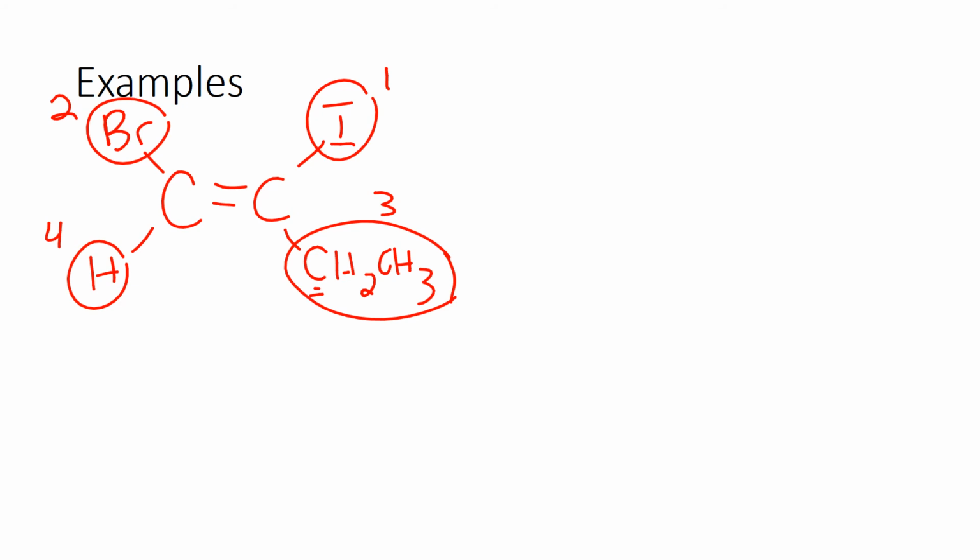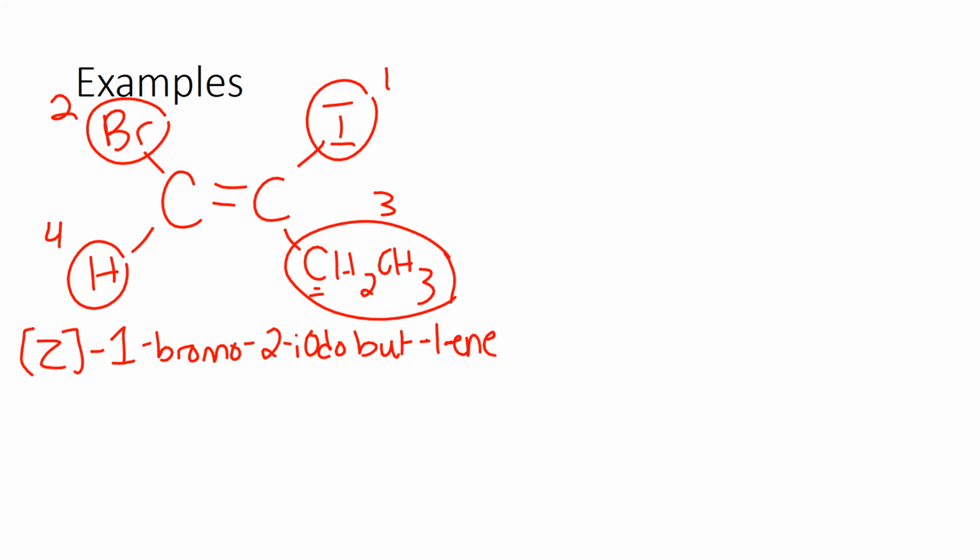Okay, so that means the high priority groups are on the same side of the double bond. So this would be Z, and we usually put in little brackets here. 1-bromo-2-iodobut-1-ene. Okay, and we could draw the trans isomer of that, or sorry, the E isomer.